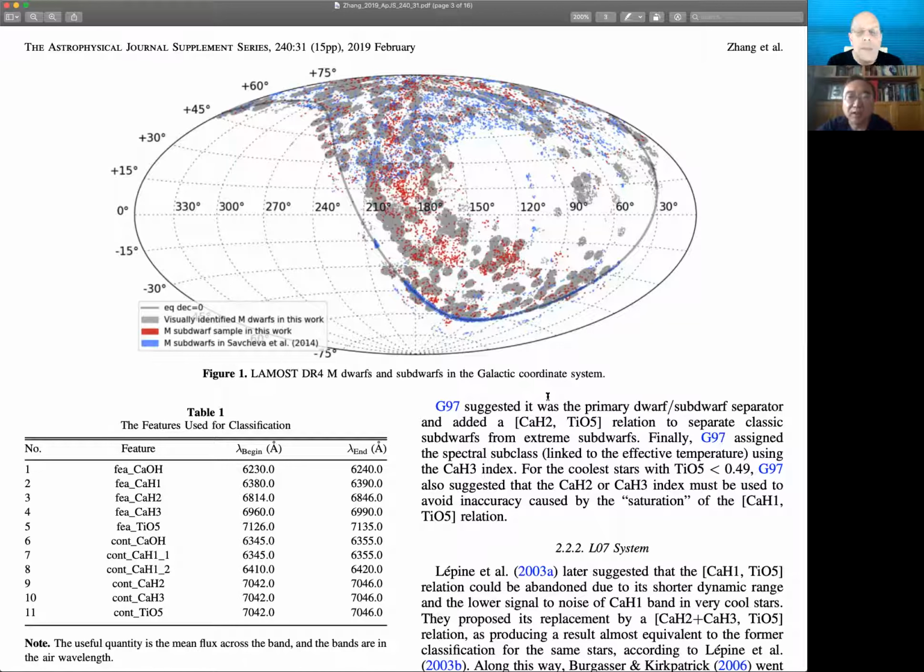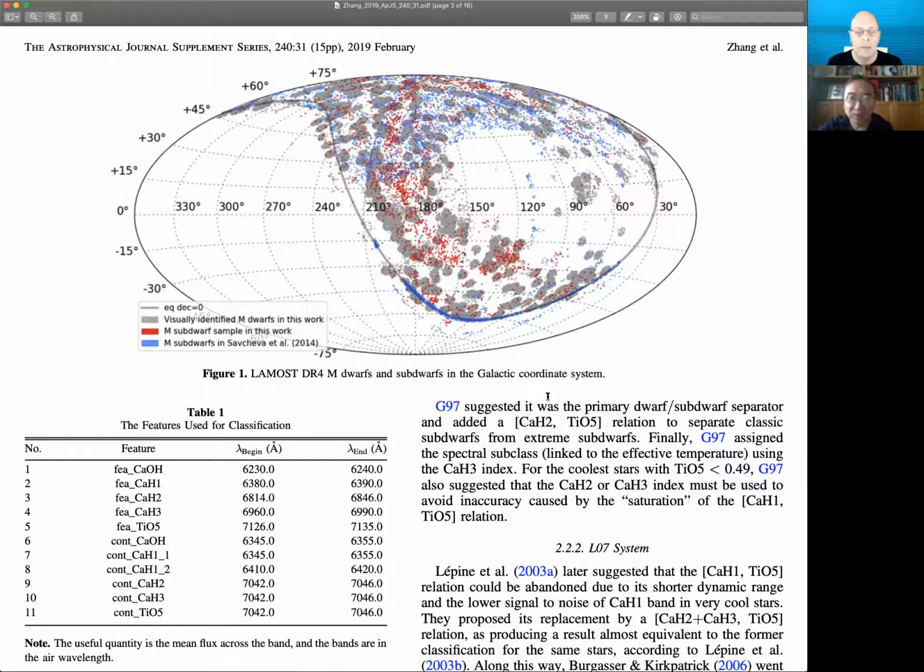The blue points here are the Sloan SDSS survey, which got a lot of M-subdwarfs, and the red ones are LAMOST observed.